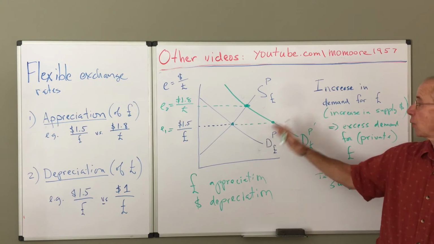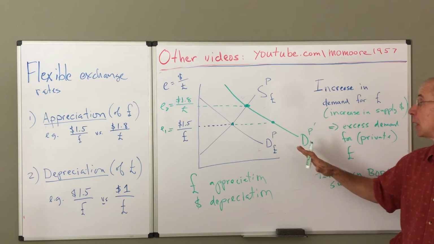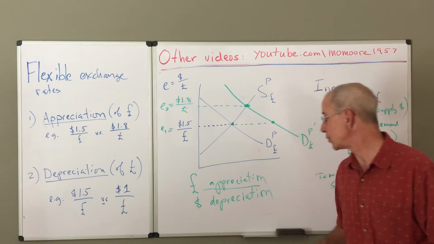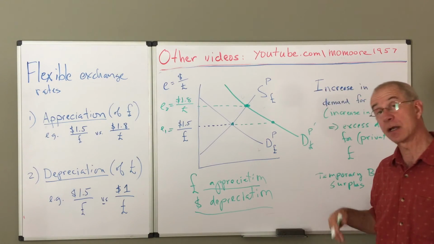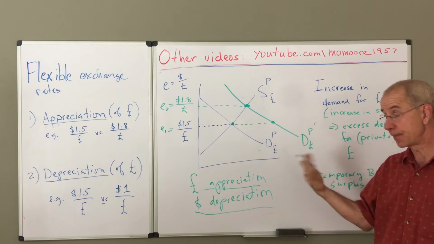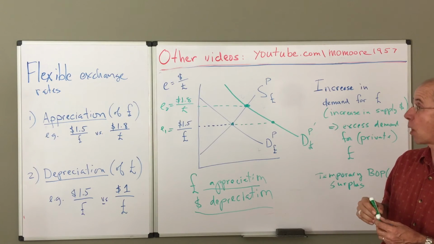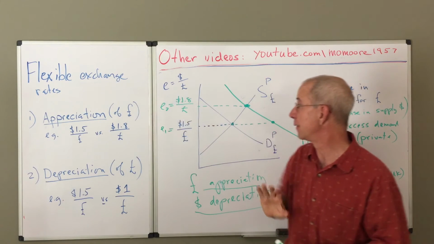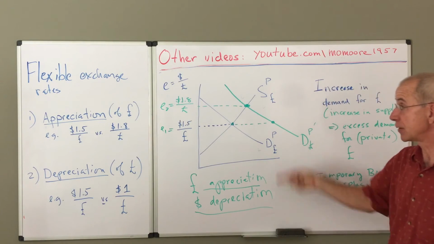So anything that increases the demand for pounds is going to tend to cause a pound appreciation, or equivalently a dollar depreciation when we look at it in terms of this market. So that's an example where you have an appreciation of the currency.